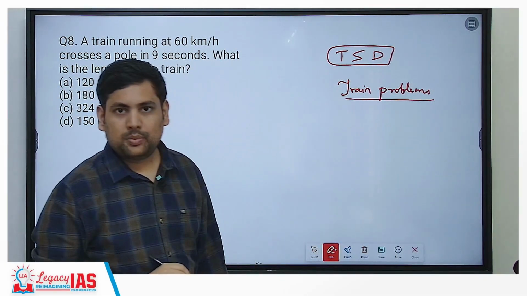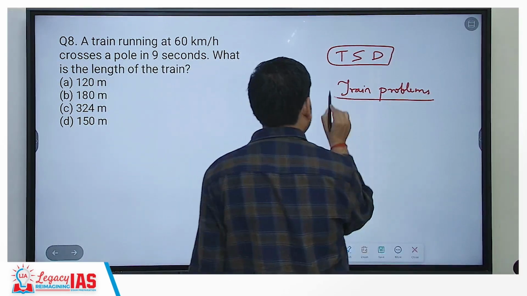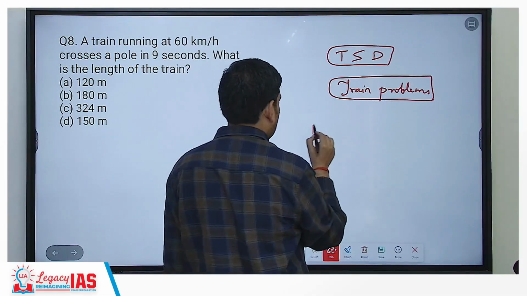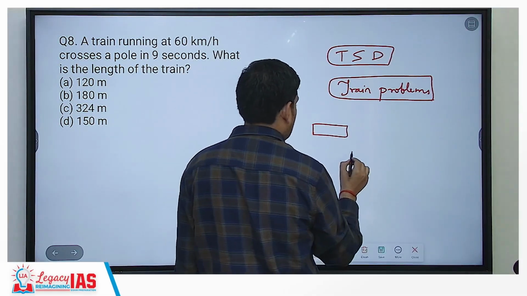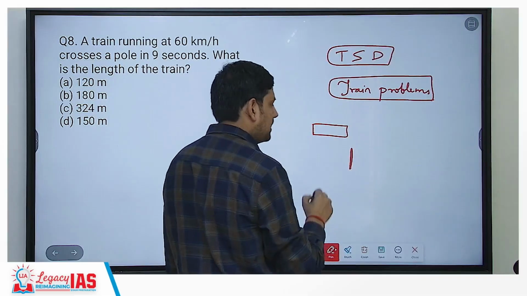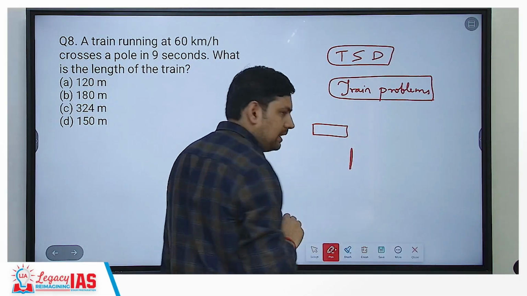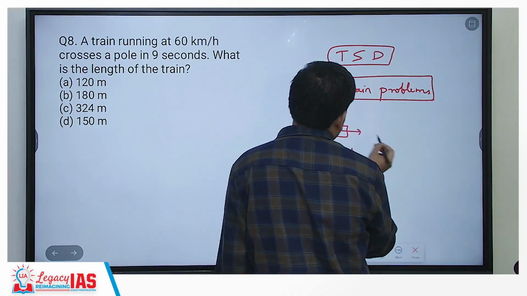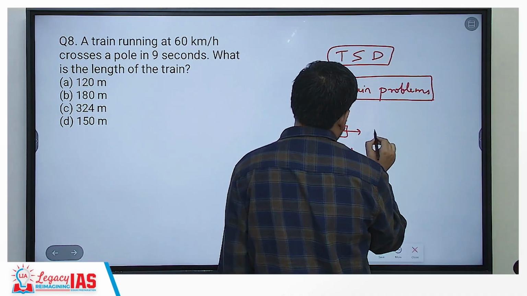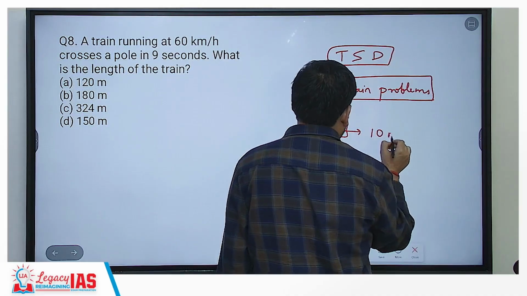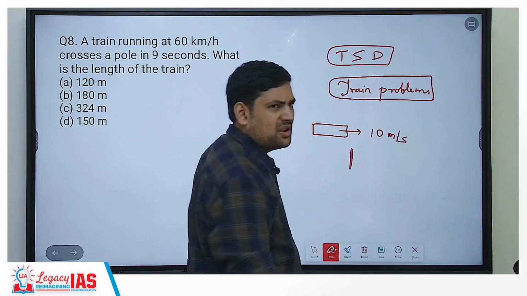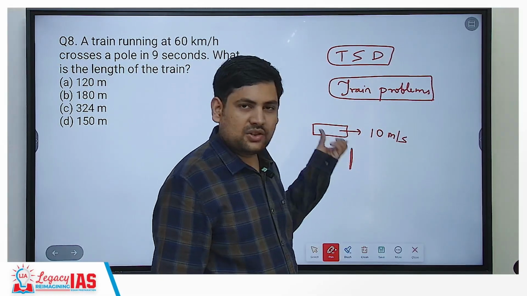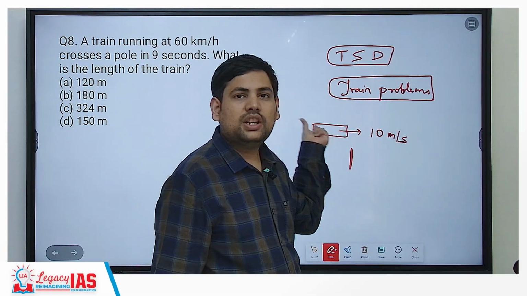Train related problems. Now, see this. So basically, if there is a train, and there is a pole like this here. Now see, let's say this train is traveling at 10 meter per second or some kilometer per hour, whatever. Now I ask you, in how much time will this train cross the pole?